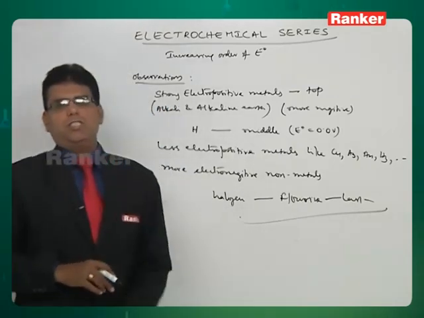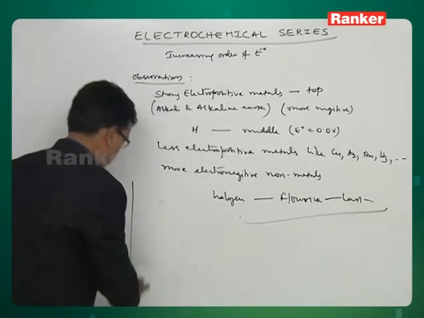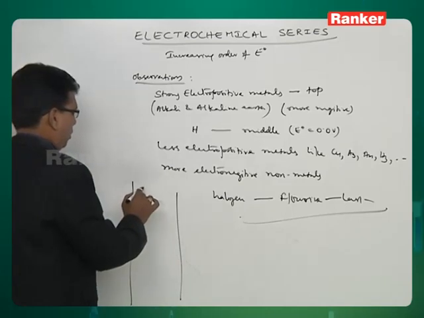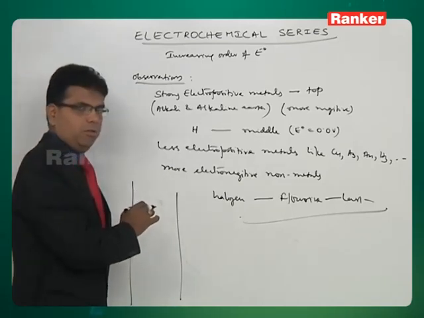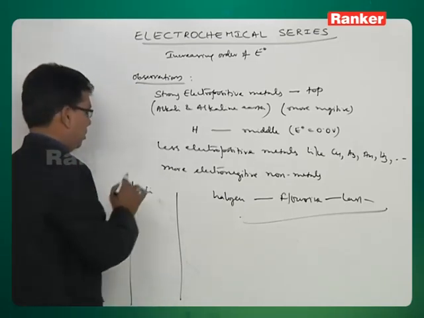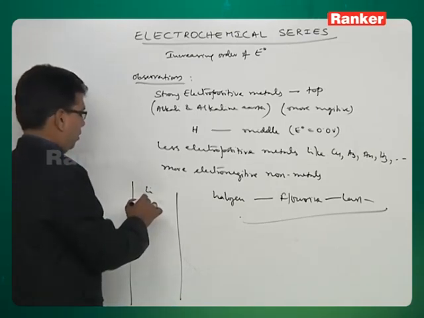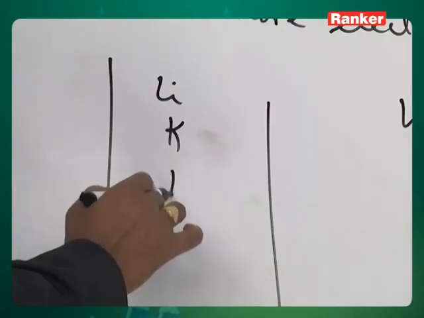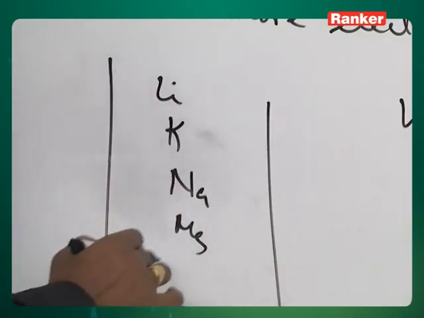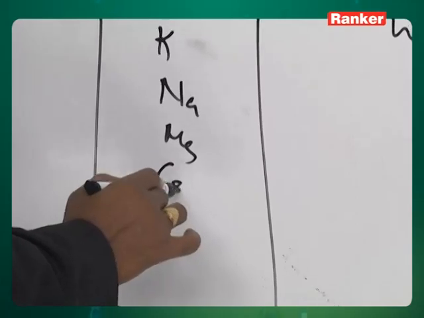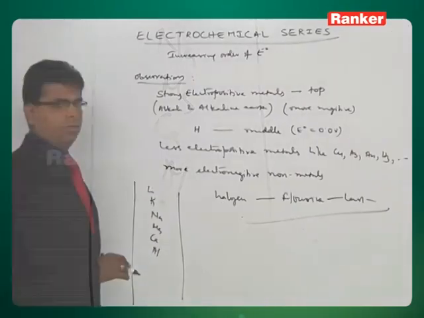So, what are the observations made? First, highly electropositive alkali metals. It starts with lithium, followed by elements like potassium, sodium, magnesium, calcium, aluminum.